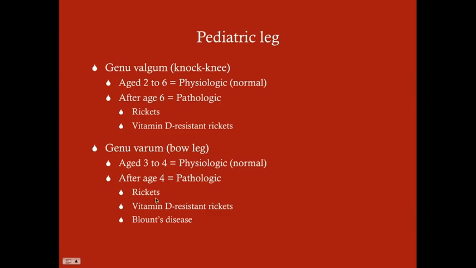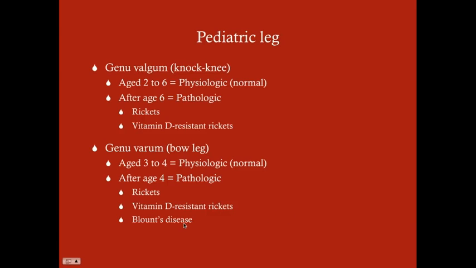The way you could differentiate those two would be whether or not they're getting an appropriate diet. If they're getting a bad diet, it would be rickets. If they're getting a good diet with vitamin C and calcium, etc., then it's probably vitamin D resistant rickets.